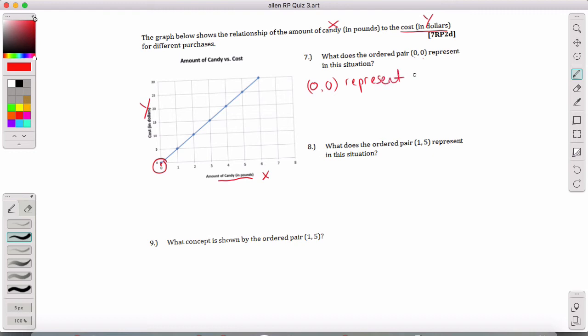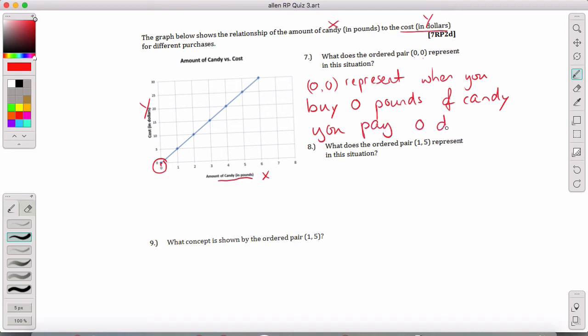0, 0 represents when you buy 0 pounds of candy, you pay $0.